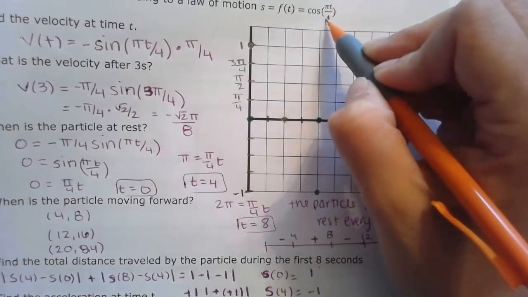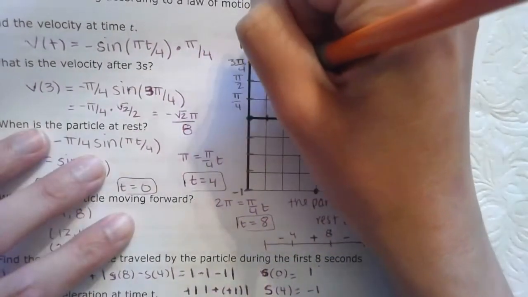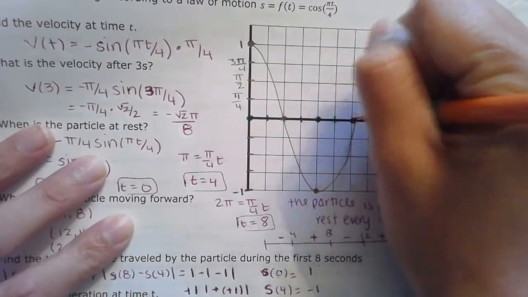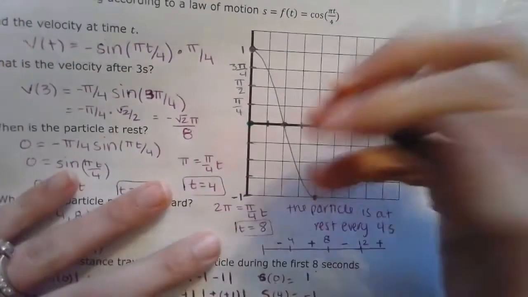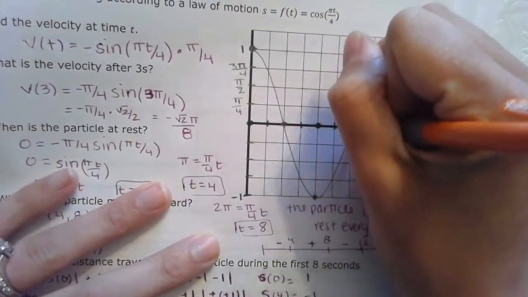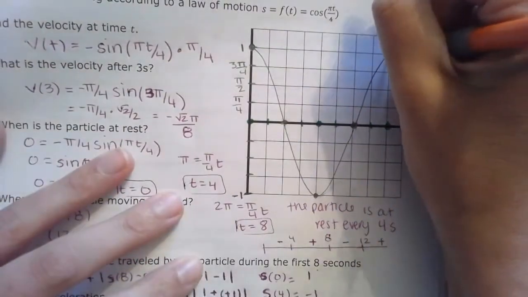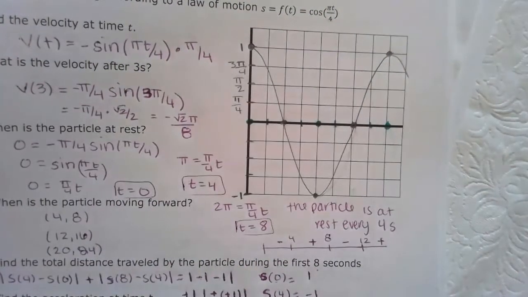We know that the cosine of pi halves is 0, and then it would come back down.